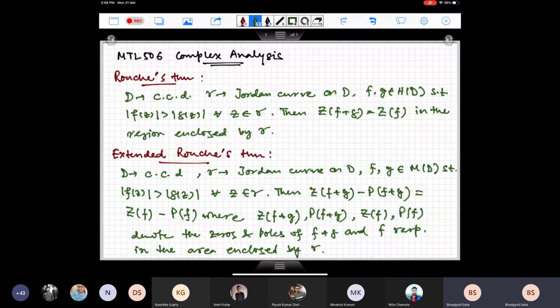Okay. So this is what we get as the extended version of Rouché's theorem.